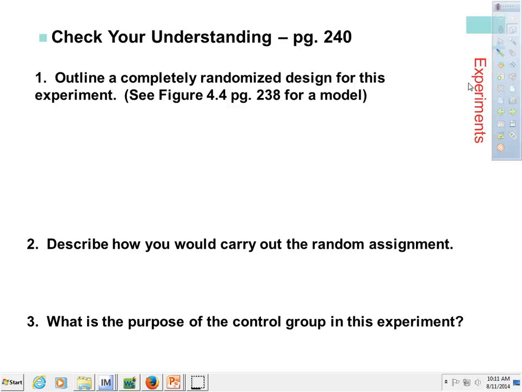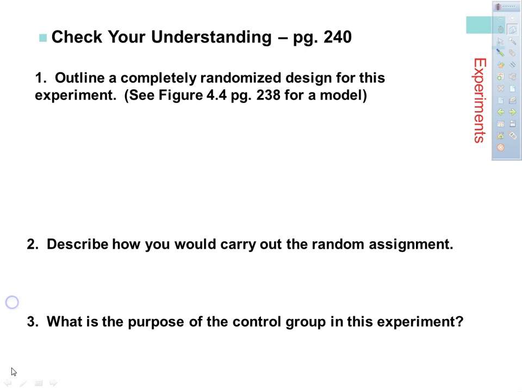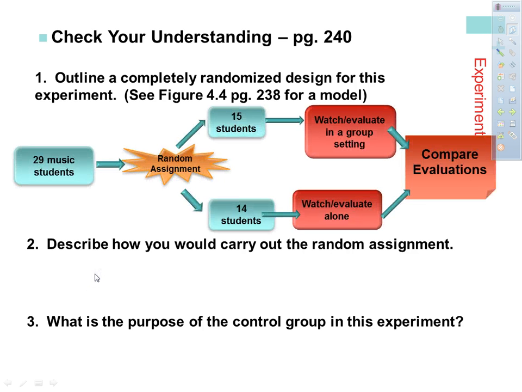Okay. All right, so how'd you do? So the 29 music students, we need to outline a completely randomized design for this experiment. And again, I want to make sure that I state here that it is entirely possible for you to write this out in paragraph form, but man, I wouldn't. Okay, so here's what I came up with. We're going to start with 29 music students. We're going to randomly assign 15 to one group, 14 to another.